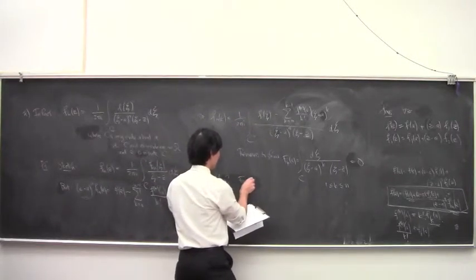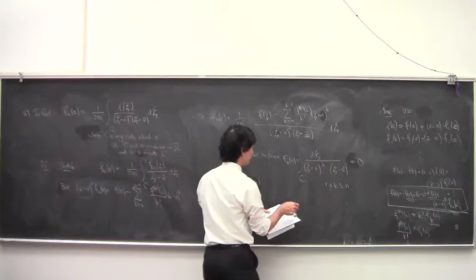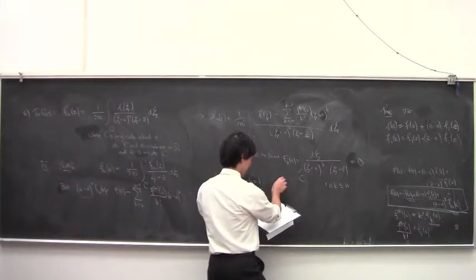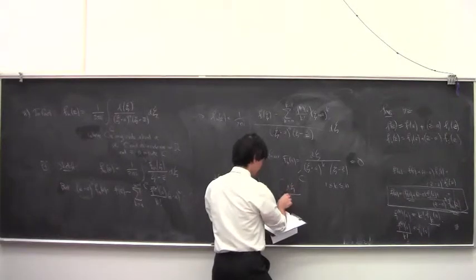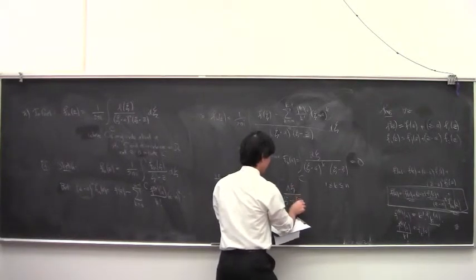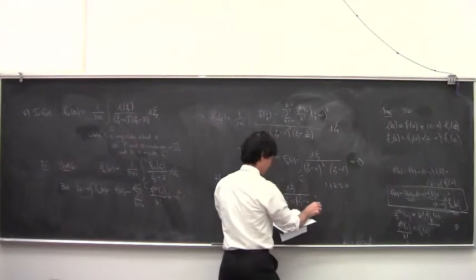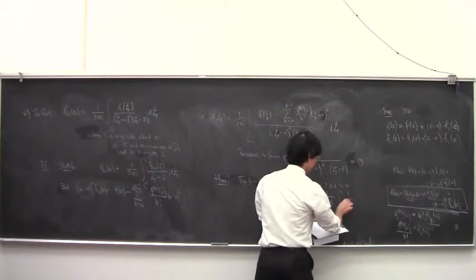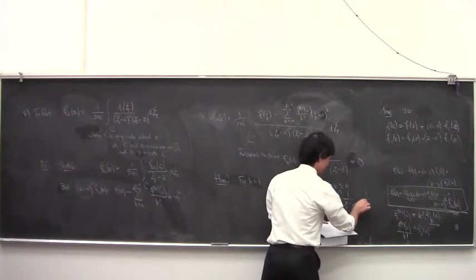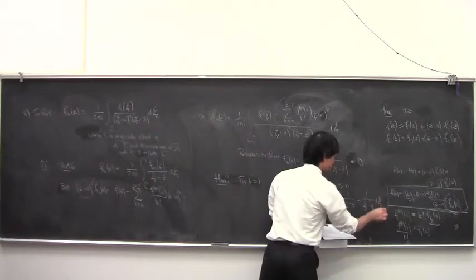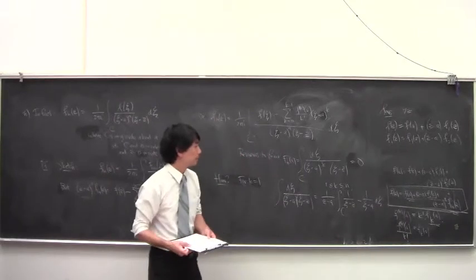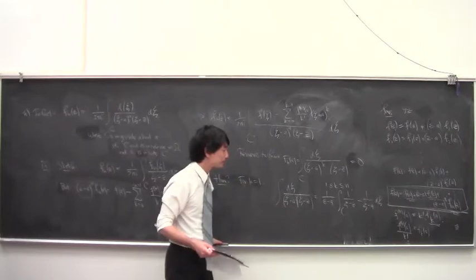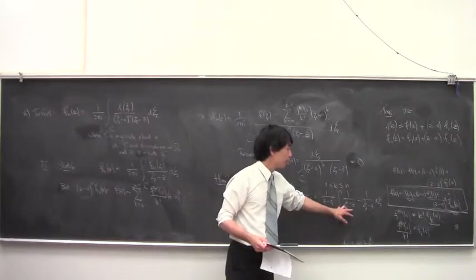For k equals 1, you pull a trick, which is you say, well, d zeta over (zeta minus a)(zeta minus z) is the same thing as 1 over z minus a times (1 over zeta minus z, minus 1 over zeta minus a) d zeta. You just do a partial fractions expansion. Okay.